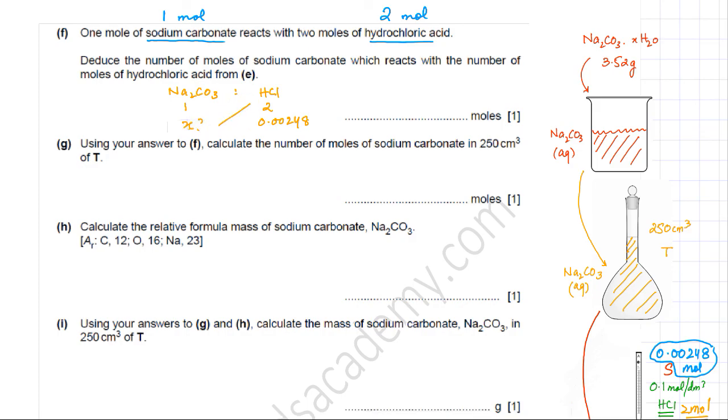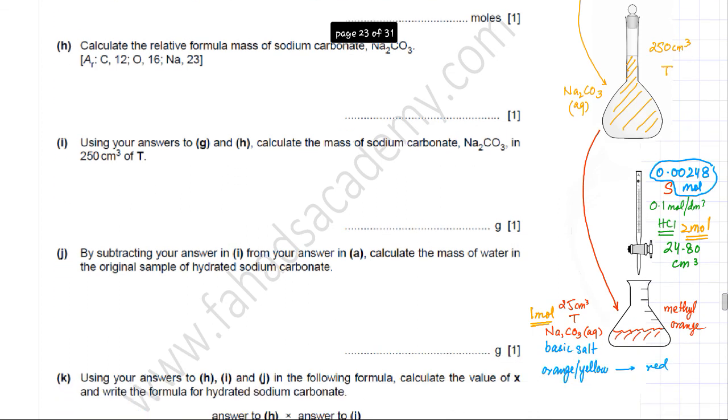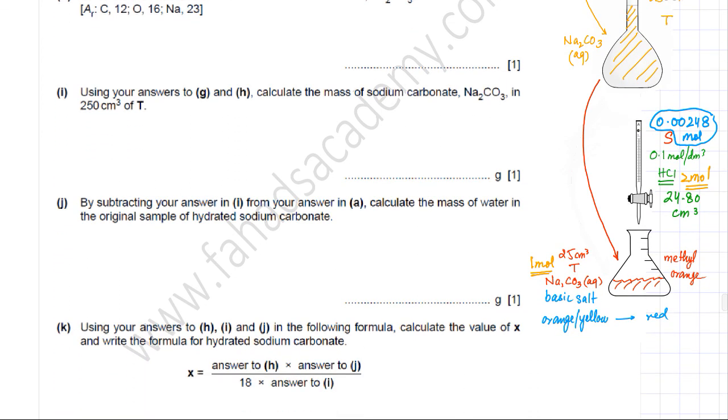We can use simple ratios, cross multiply this, and x would come out to be equal to 0.00248 divided by 2, and the answer is going to be 0.00124 moles. So that is the amount of moles of sodium carbonate in this flask over here. Let's highlight this as well. This is the quantity of sodium carbonate that is present in this flask over here.